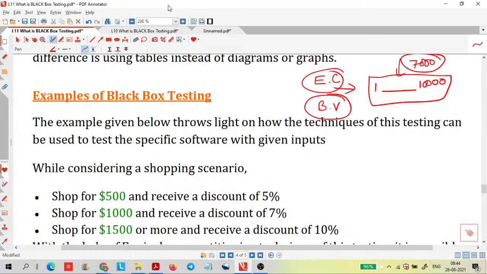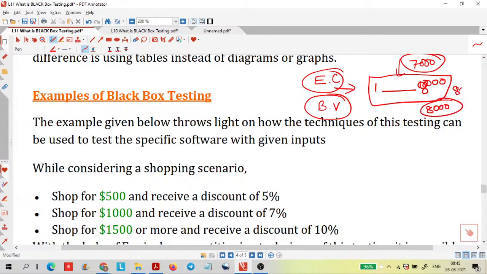Okay, अभी कैसा है, like for 7,000 it is working. Suppose there is a limit of 1 to 8,000, or suppose you tested for the 8,000, okay, it is working.